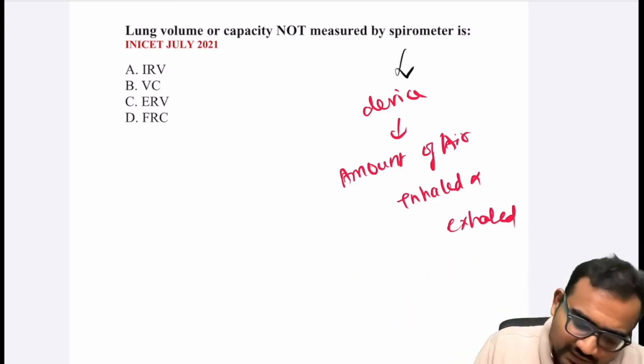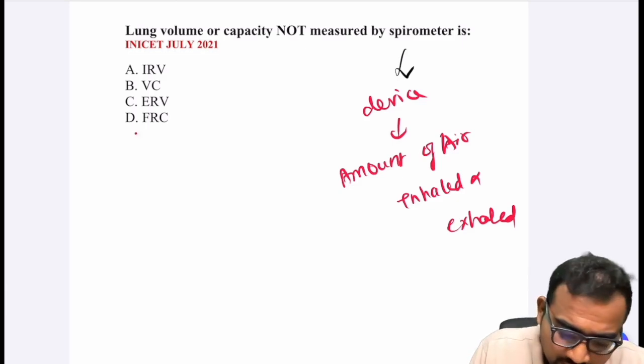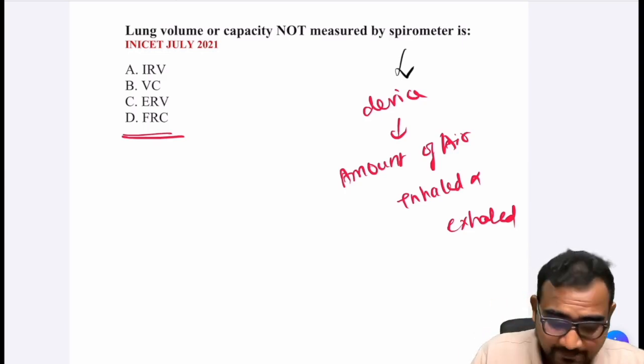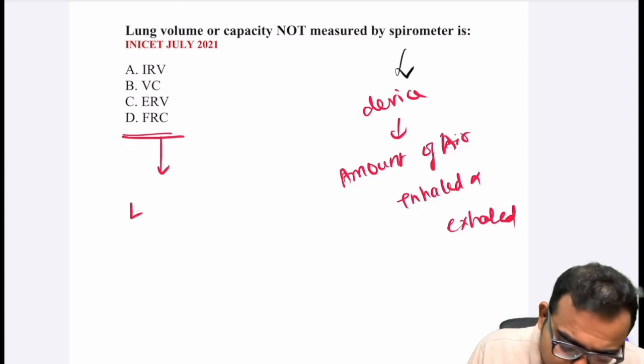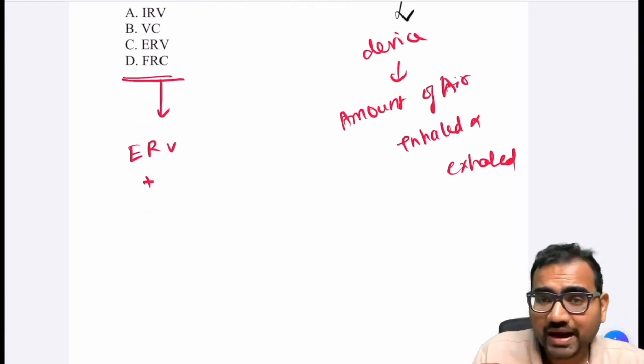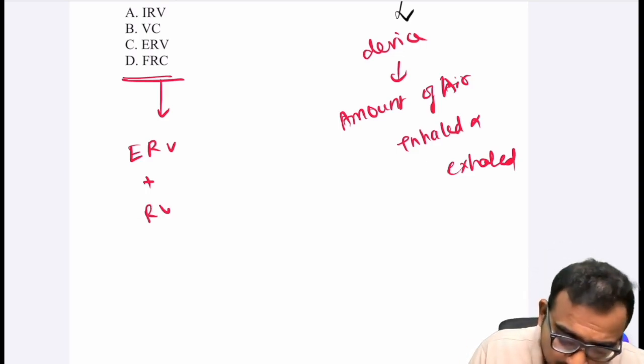Okay, so if you take a look at that situation, recap: functional residual capacity. What is functional residual capacity? It is a combination of expiratory reserve volume plus the amount of air which is present in the lungs, the residual volume.